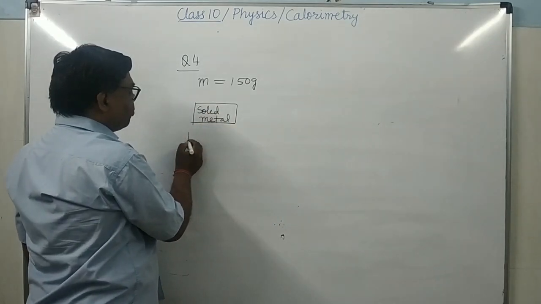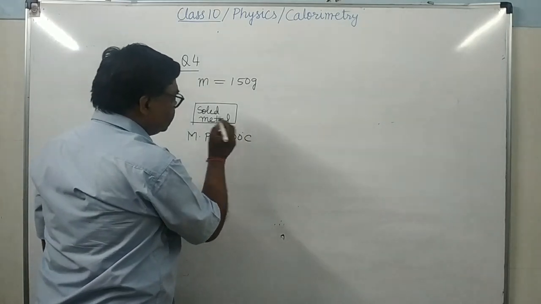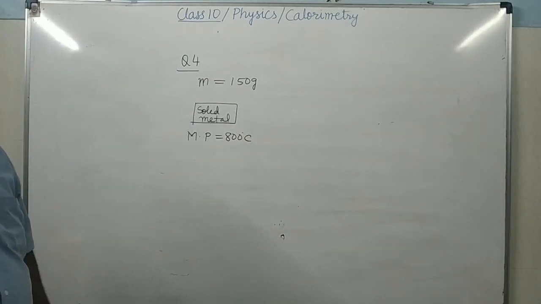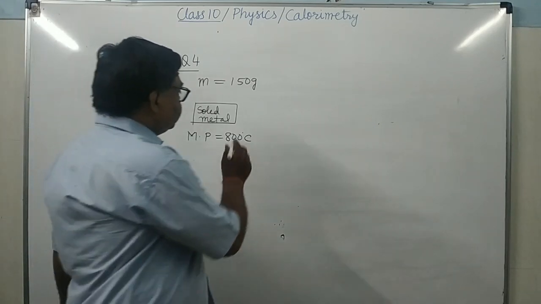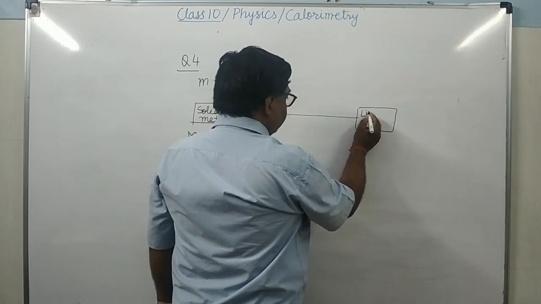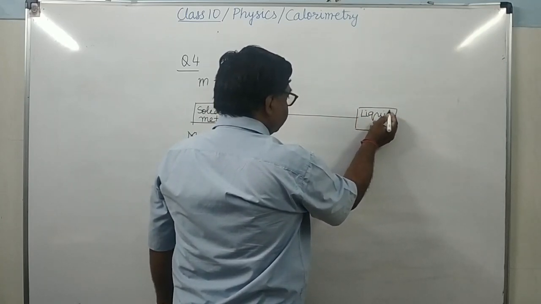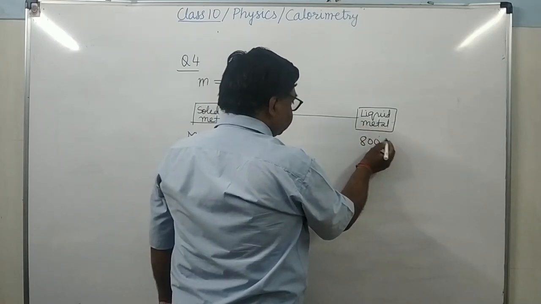Its melting point is given here, 800 degrees Celsius. It will start melting at this by absorbing heat energy. When it melts, it changes into liquid metal. What will be the temperature? 800 degrees Celsius.